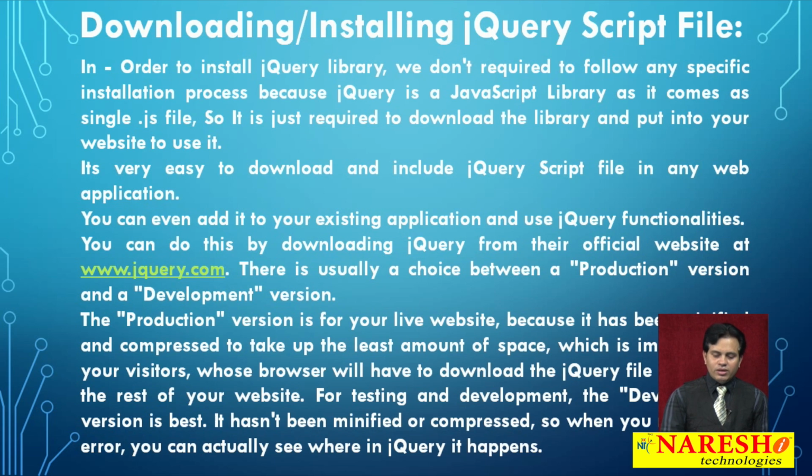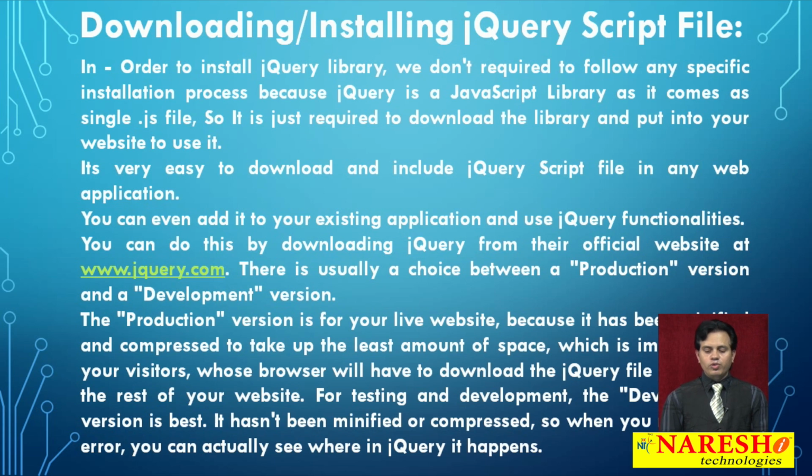For testing and development purposes, if you are in the development phase, meaning your application has not become live yet, has not been deployed on the live server, has not come onto the production server, and you are in a testing or development phase, then the development version is the best option to download and use. It has not been minified or compressed.